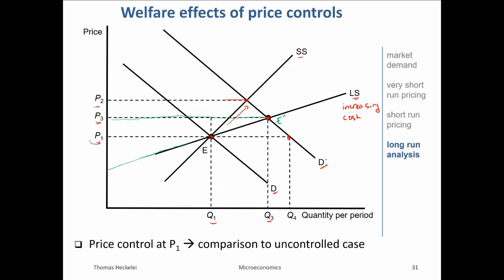By definition, it is the area above the long run supply curve and below the market price, which was supposed to be P3 without price control.